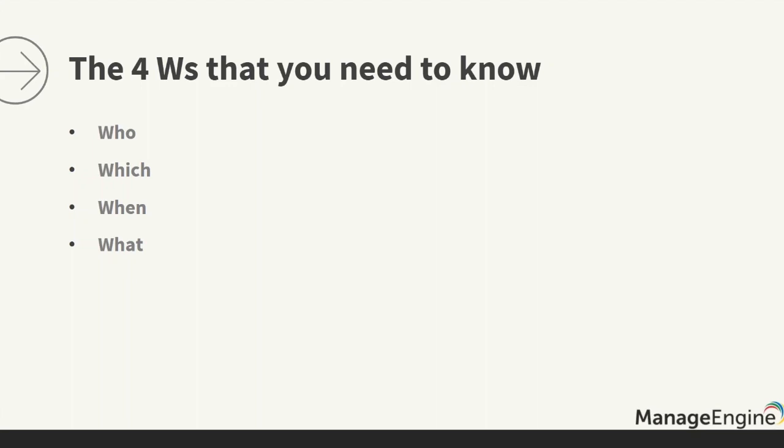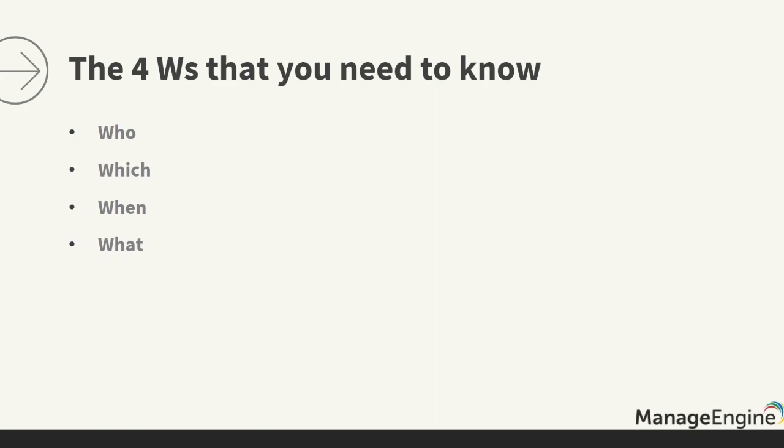So you need to know who made a change to which object and when was the change made and what the change was essentially. These are the 4 vital W's that I keep stressing on that you need to stay on top of in order to know exactly what is going on in your Active Directory infrastructure.